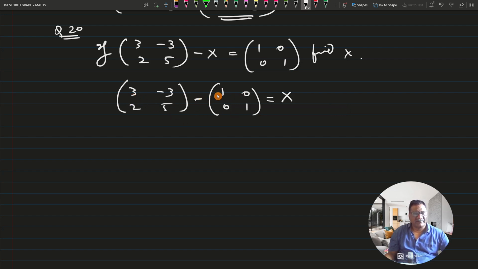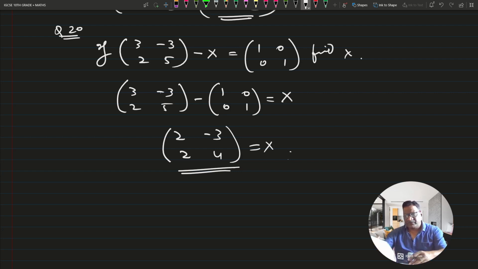So 3 minus 1 will be 2, minus 3 minus 0 will be minus 3, 2 minus 0 will be 2, and 5 minus 1 will be 4. This has to be my matrix X. So let us check the answer behind for question number 20, and the answer is 2 minus 3, 2 and a 4. So this is also correct.